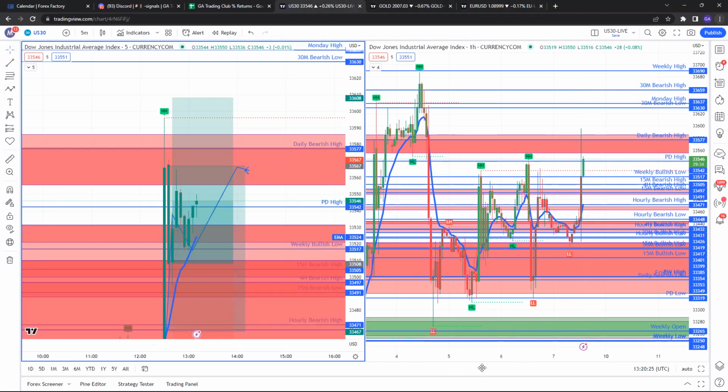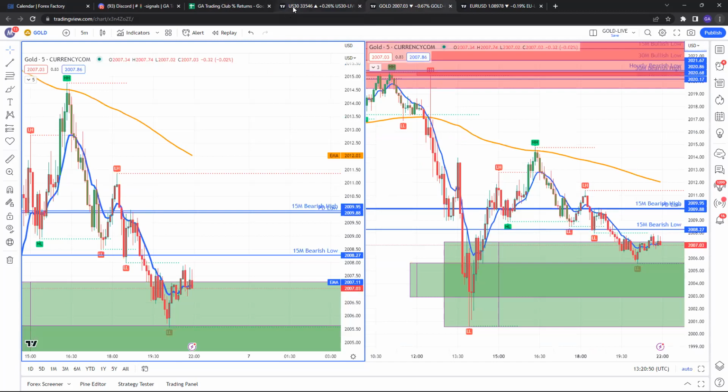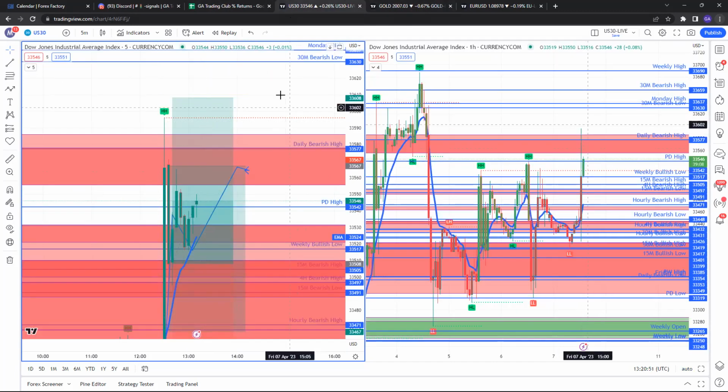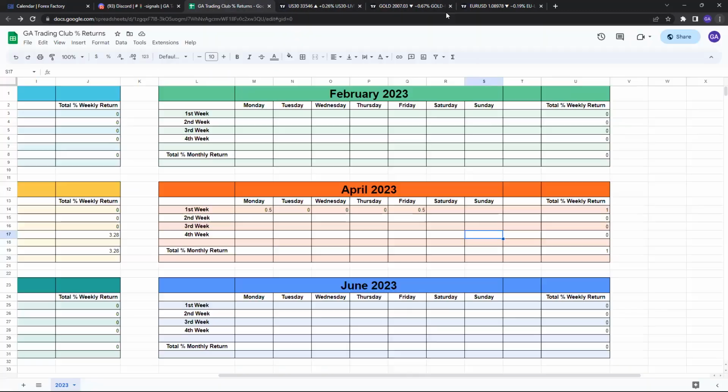Other than that, I don't think there's any need for us to trade today anymore. For me, this trade is at break even. I'm still going to hold. If it opens with a gap to the downside on Monday, I'll just get stopped out. If it opens with a gap to the upside, well and good. Today I did miss the first sell on US 30 because my copier wasn't on.